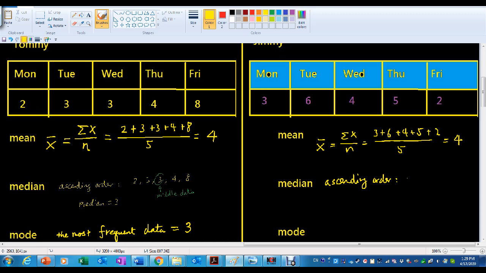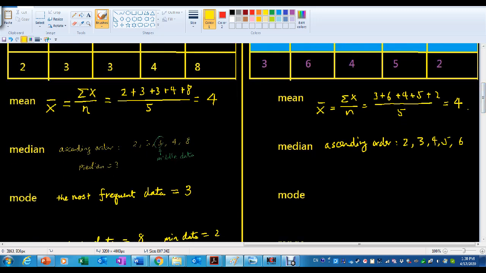So the smallest data is 2, which is on Friday, and then 3, 4, 5, and 6. Why do we need to rearrange the data in ascending order? Because we need to spot the middle data. Before you find the middle data, the data must be in ascending order.